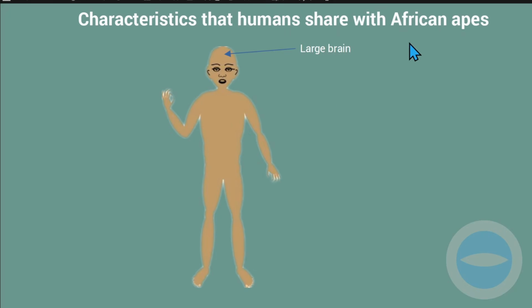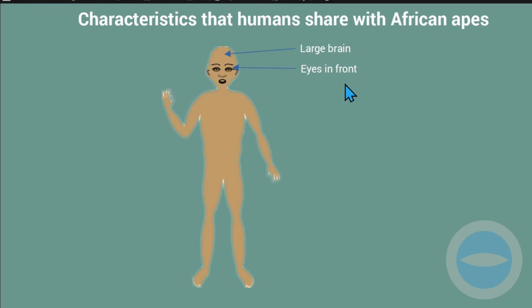Then they have eyes in front. The two eyes are in front, the reason being for clear vision, or binocular vision.